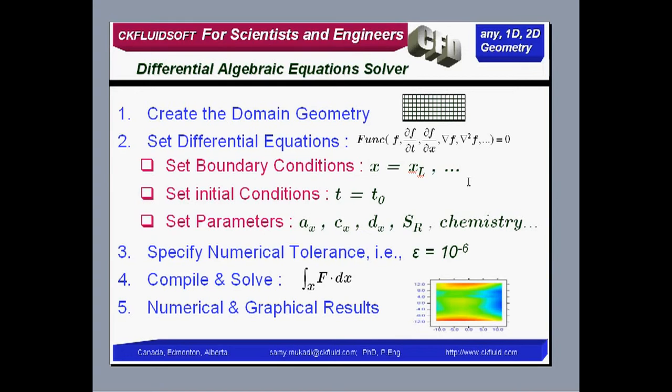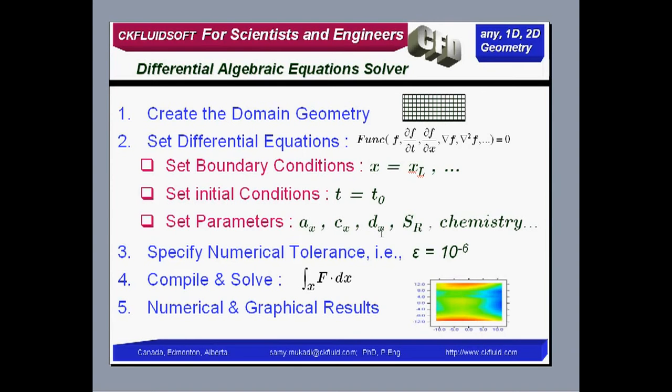Then one would also need to set up the boundary conditions, provide the initial conditions if we're dealing with a transient case, or one would need to provide also an initial guess if we deal with the steady state case. And then one would need to define the parameters. The parameters could be anything, any number or any valid math expression that one may think of.